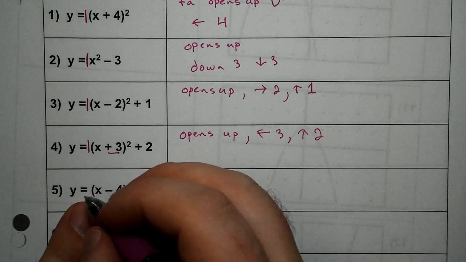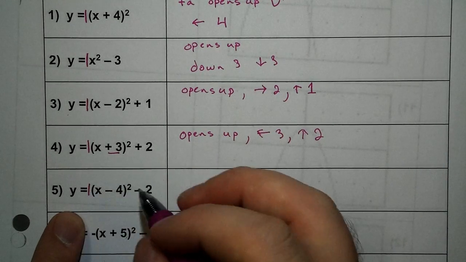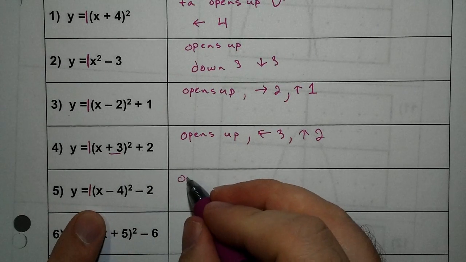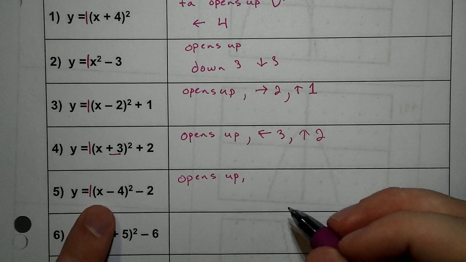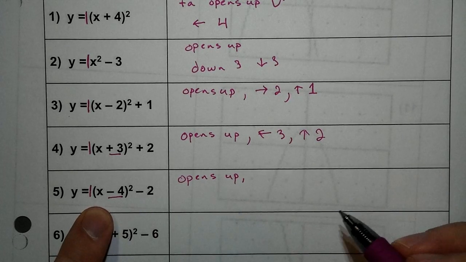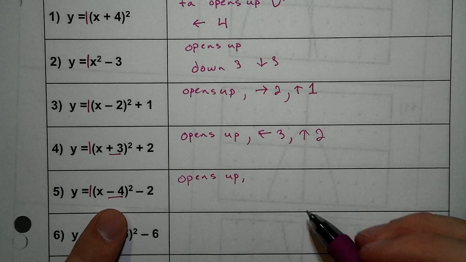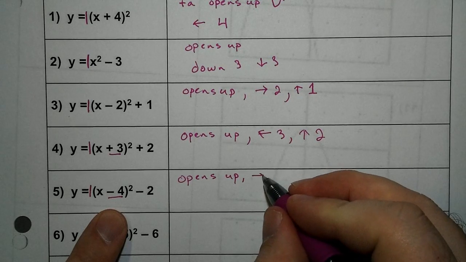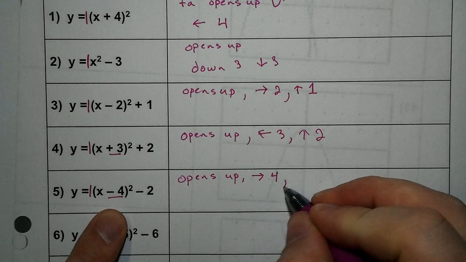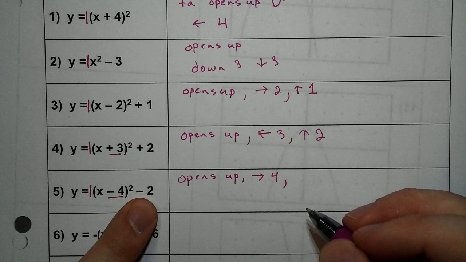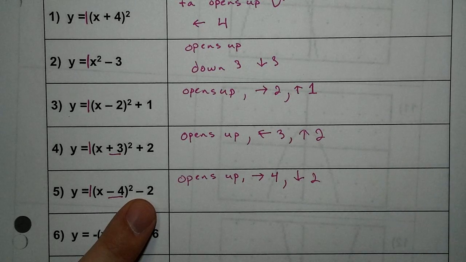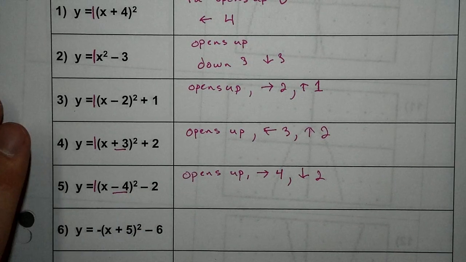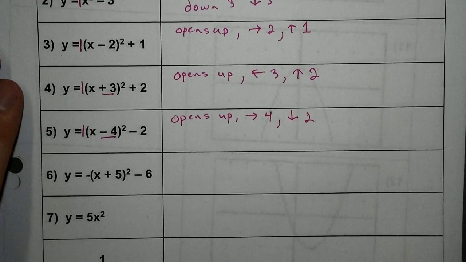Number 5, sneaky 1 again, which means it opens up. That's negative 4, but that's with our x, so it's actually going to the right 4 spaces, because x lies. And then we have this minus 2 at the end, so it's going to go down 2 spaces. And every single one of these you could check on your calculator.